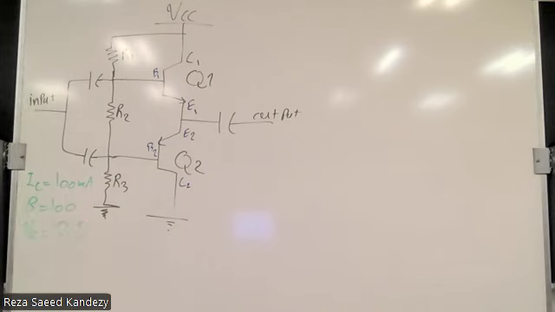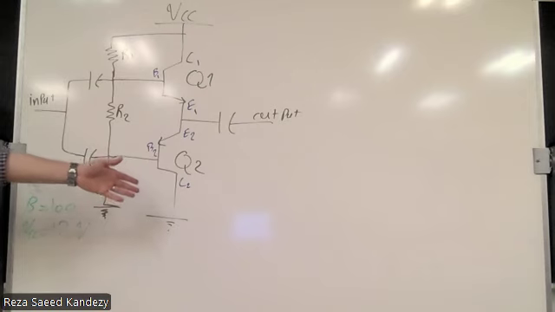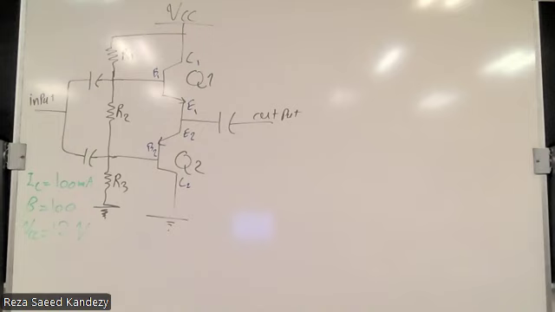Now, we wanted to design this circuit. When we say design, the main goal is first, we know how much collector current we want. Since they are in series, both of the collector currents are equal to each other. And we want to have a strong biasing for our BJT.